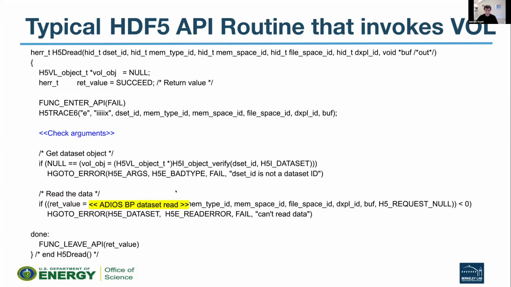Maybe it's an ADIOS BP formatted file. Those happen internally. I won't show you all the gory details. There's many thousands of lines of code that make this all happen. But that's internal to HDF5, and you connect that up and build the connector in order to have that happen. The framework just invokes your methods, your function calls in your VOL connector.